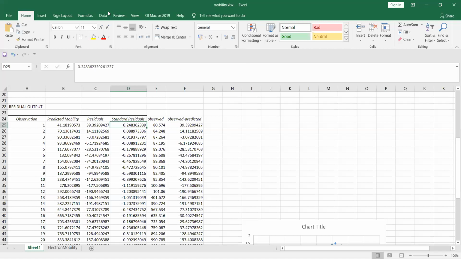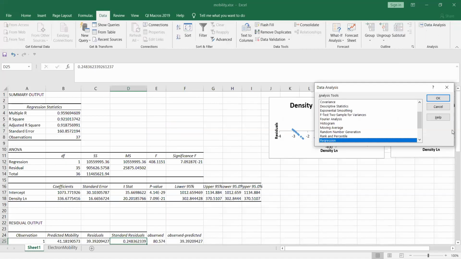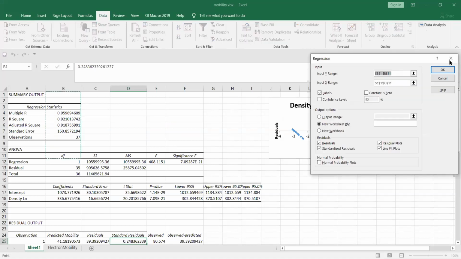If you remember here in data analysis, if you want to see the standard residual for finding the error, you click on the standardized residual plot. Then only you are able to view it. So in this, I am getting this type of plot.